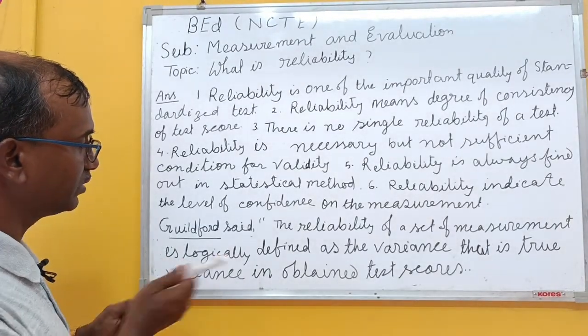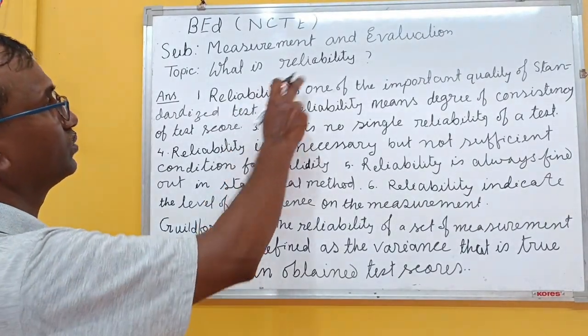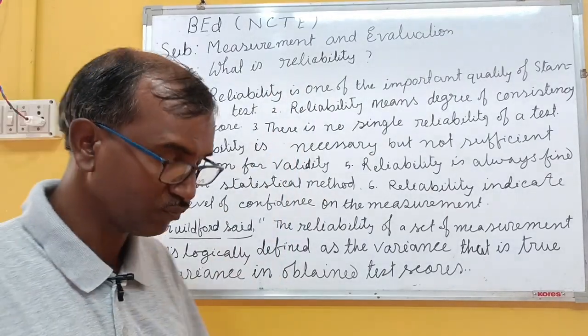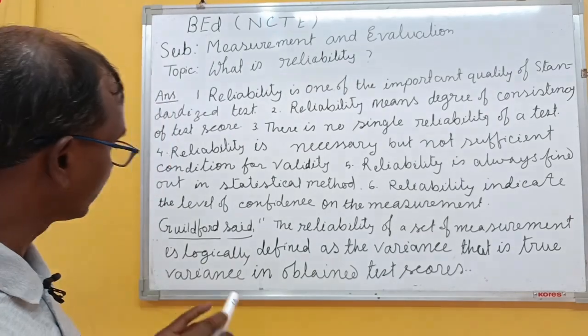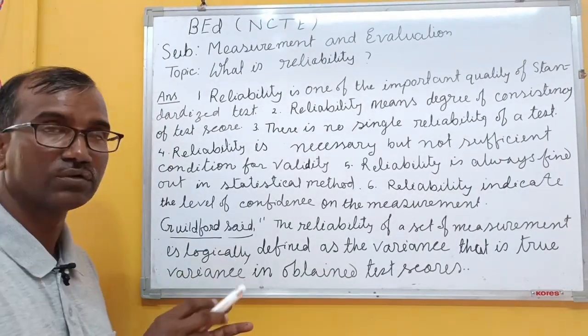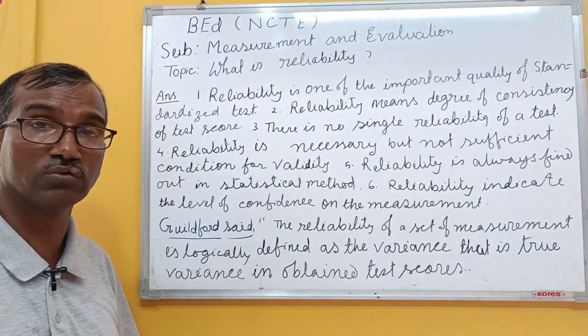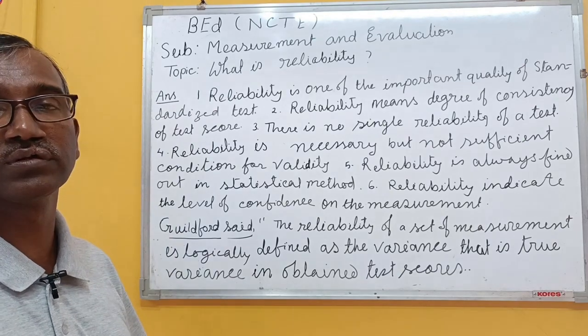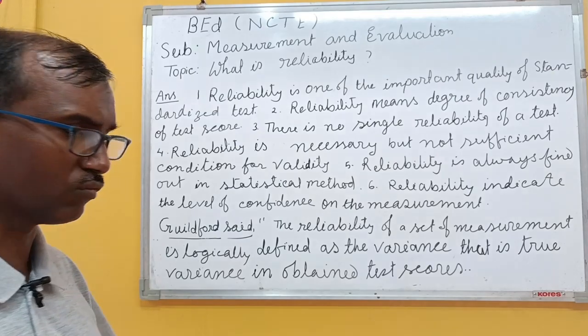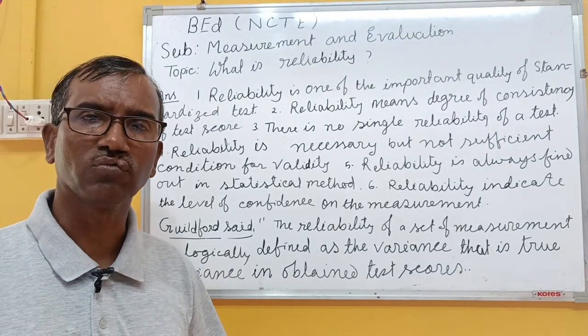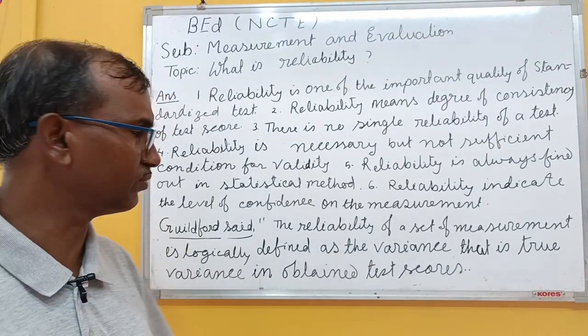When we discuss this kind of question, what is reliability, it is not necessary, but it is better to take the reference of a particular well-known expert's definition. Guilford is one of the well-known, popular experts in this paper.